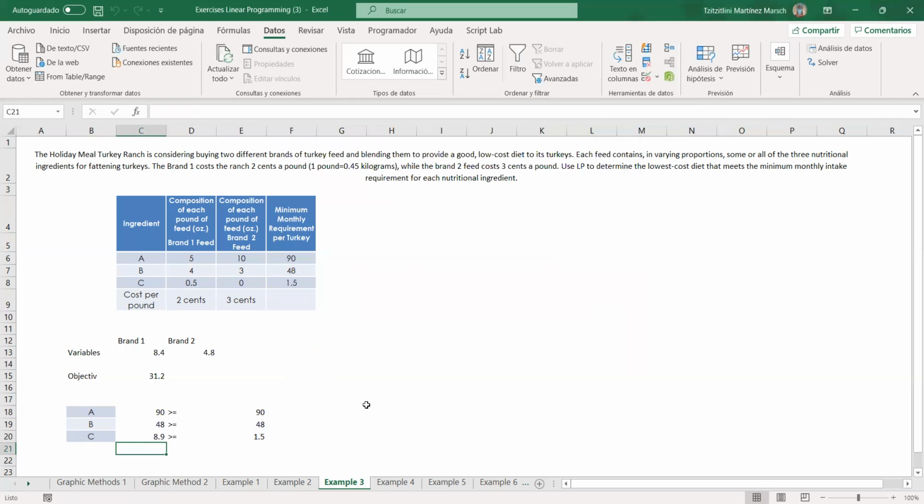And there's my answer. I'm going to use 8.4 pounds of brand 1 and 4.8 of brand B, or brand 2. And my cost is going to be 31 cents. Any questions?